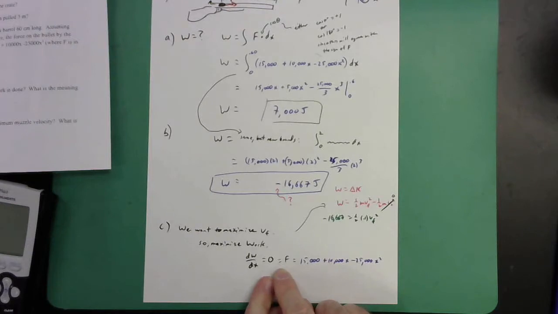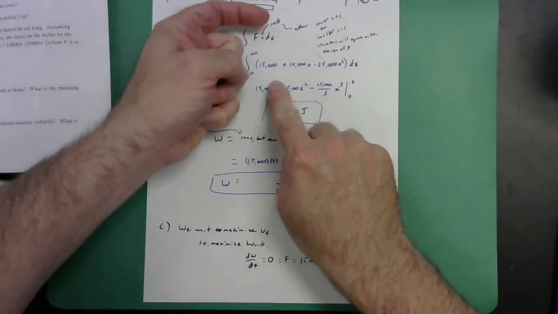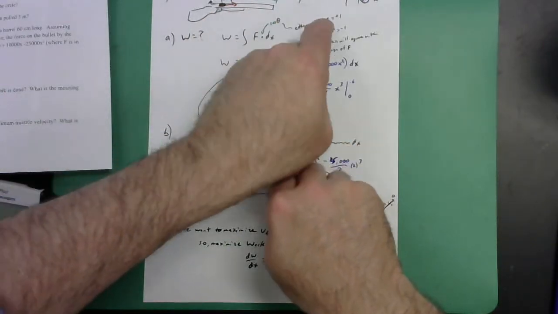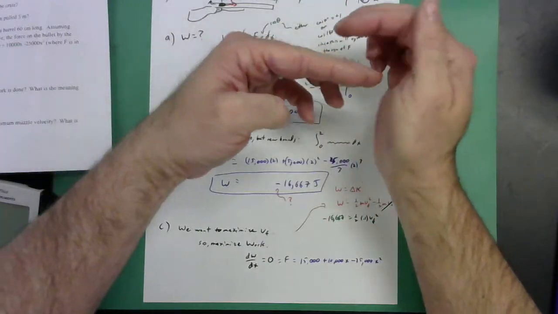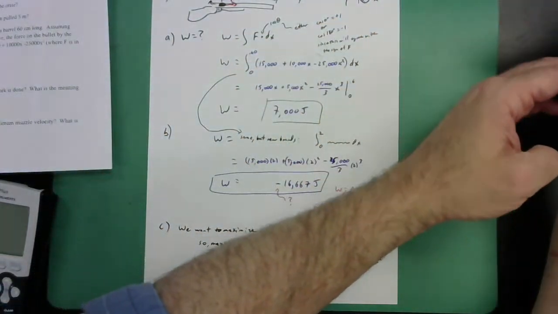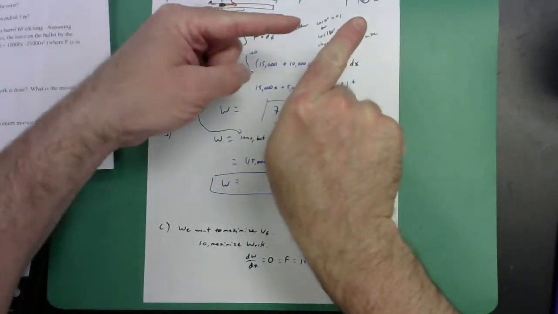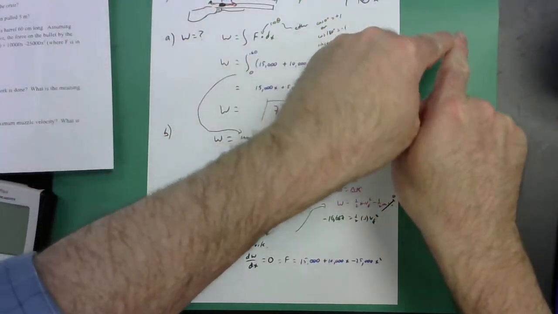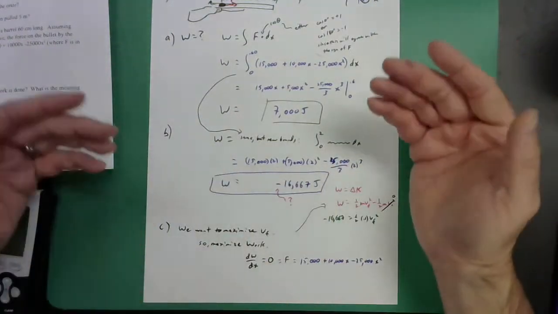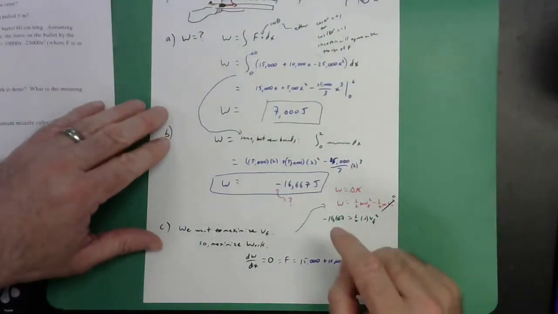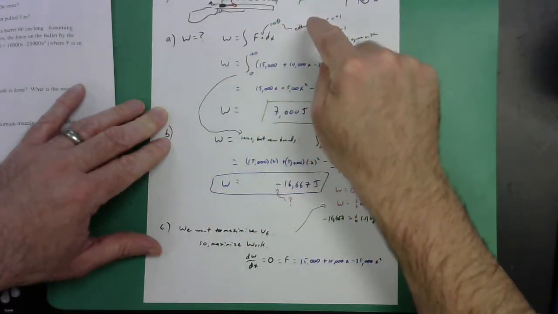My force starts off being in the positive direction. Then eventually I get to a point where it will switch directions, and then the force will be going against the motion and trying to slow the bullet back down again. So I want to do work up to the point where the force goes from positive to zero, because after that it's going to be pushing against the motion and slowing me down. It makes sense. I'm going to get the maximum velocity where the force is zero.